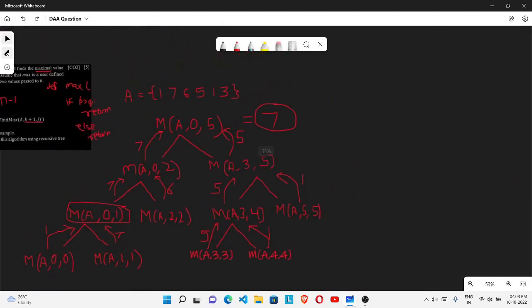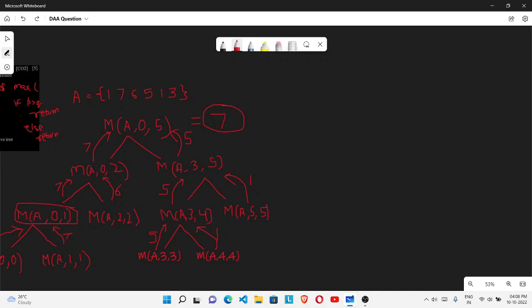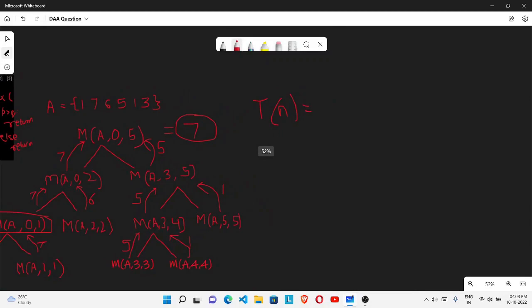Okay. So first of all, let's try to write a recurrence relation for this code, which should be T of n is equal to, I'm dividing into two equal parts of half size, so 2T of n by 2 plus big O of 1.